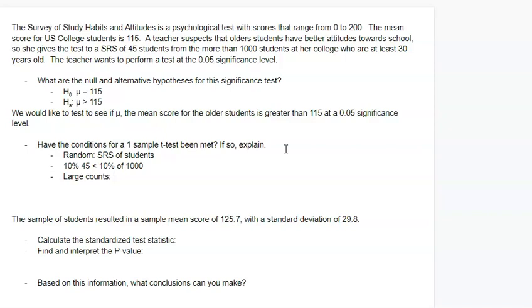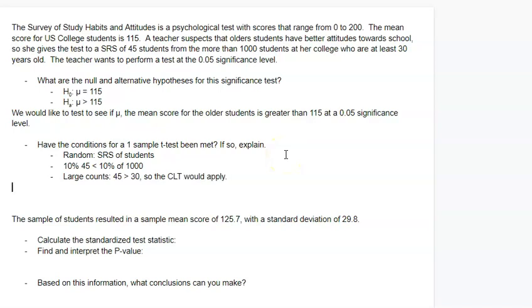Remember from the notes, our sample size has to be greater than 30, or the population distribution has to be approximately normal, or we have to perform some sort of test to check. In this case, 45 is bigger than 30, so the central limit theorem applies here.